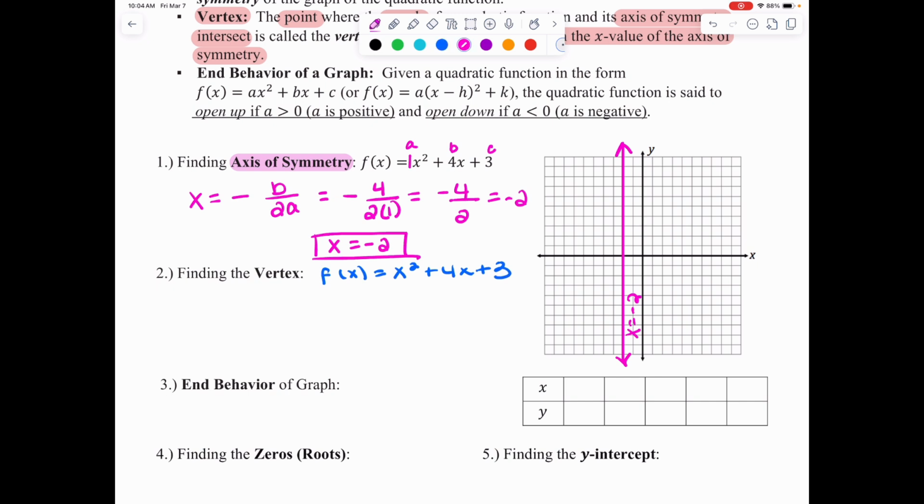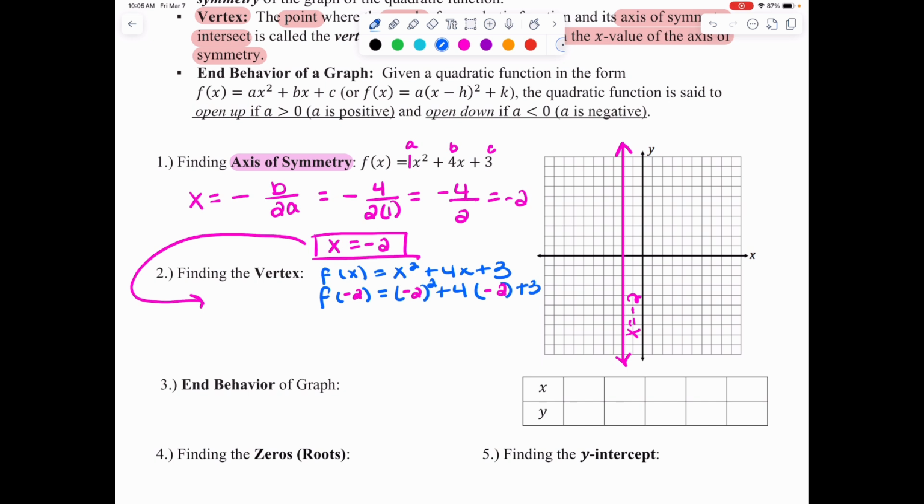So we're going to take that axis of symmetry and use it in number 2. So we have f of negative 2, because that's our axis of symmetry, is equal to, I'm going to do my outline so that I can color code this for you and see that the negative 2 is what's being substituted in. So we've got negative 2 squared plus 4 times negative 2 plus 3.